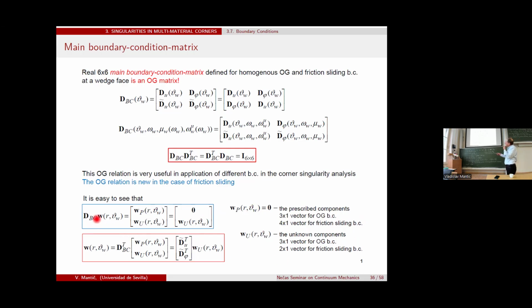Because of the orthogonality of d_BC, we can multiply this relation by d_BC transpose, and we can compute W as a function of just the unknown values of W using these matrices.